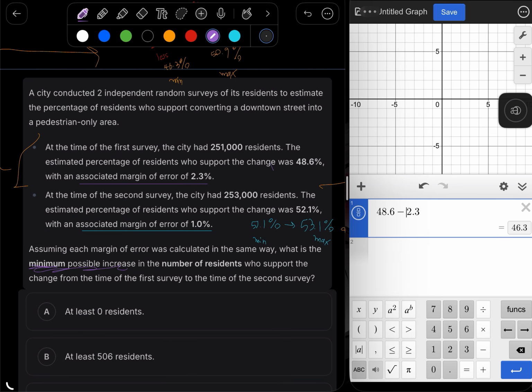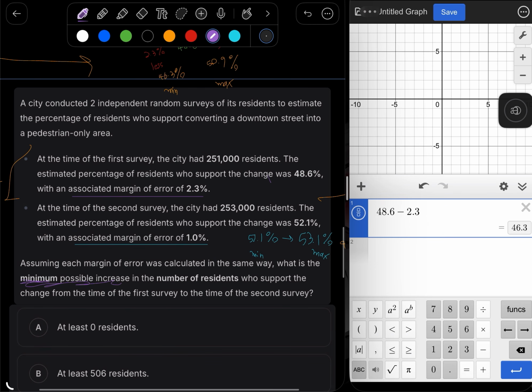Well, how would you find the minimum possible increase? This is where optimization comes in, where you're trying to optimize the value. In this case, because we want the smallest possible increase between the two surveys, what that means is we want the highest possible percentage from the first survey.